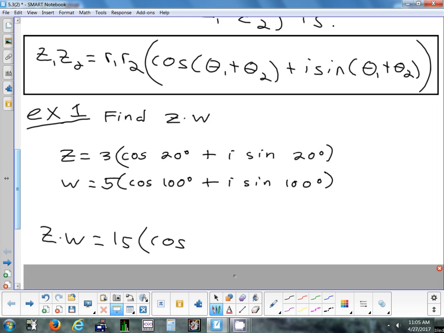So you multiply the numbers in front, but you add the two angles. So 220 plus 100 is 120. And that's it. That's the whole problem. That's multiplying complex numbers, just like we did yesterday, but it's a lot easier in polar.